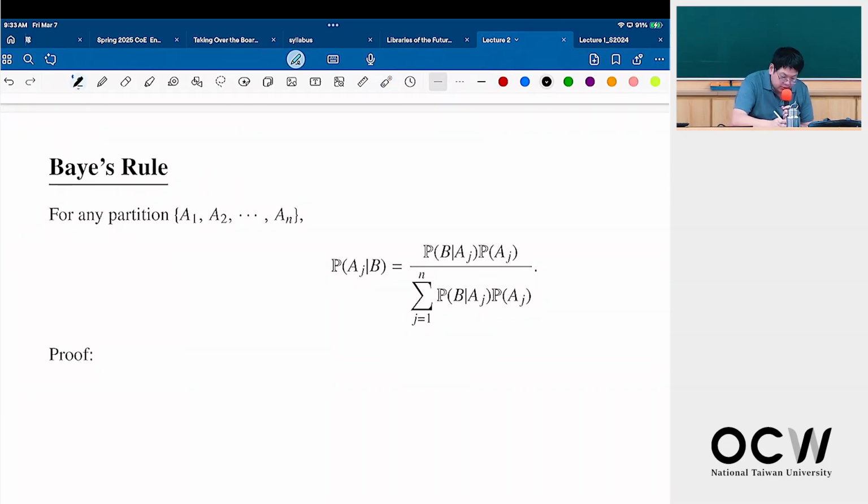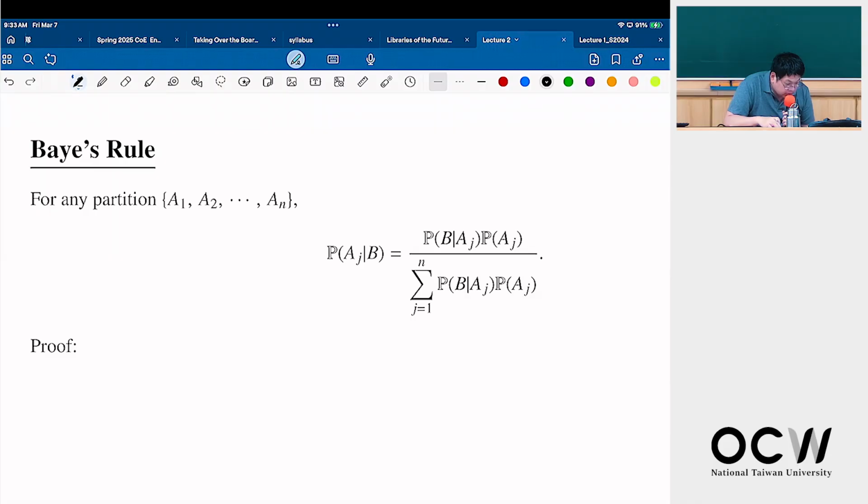So we just proved this. Why is this the total probability?